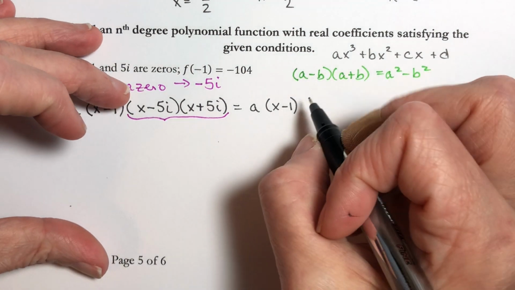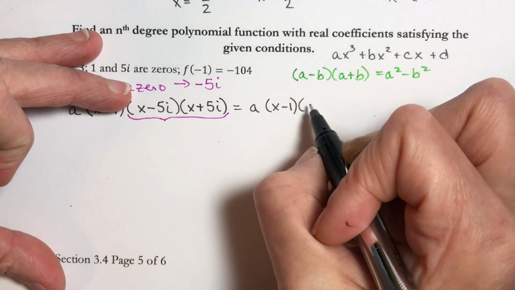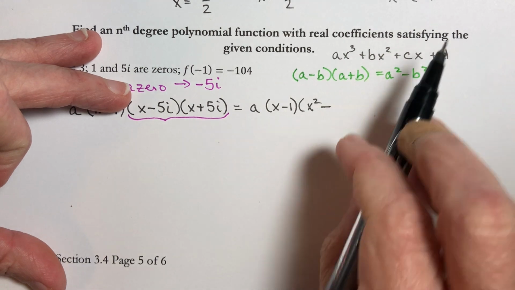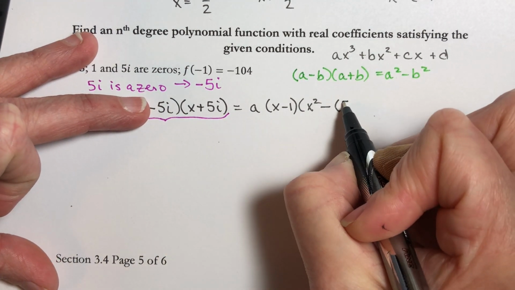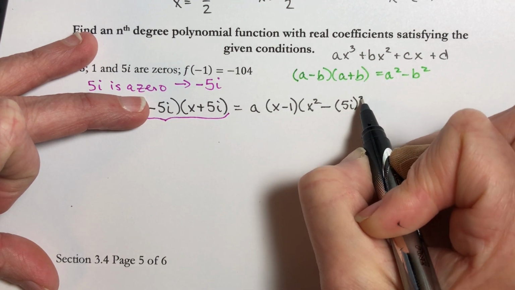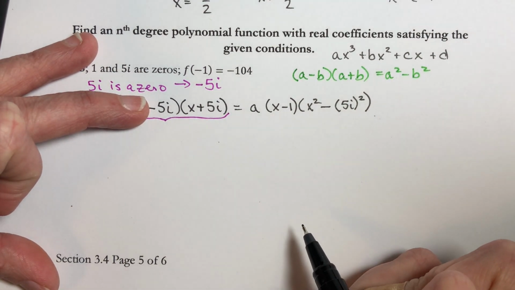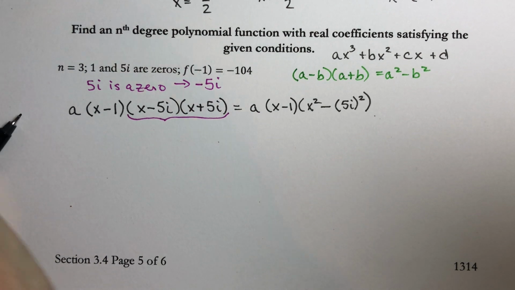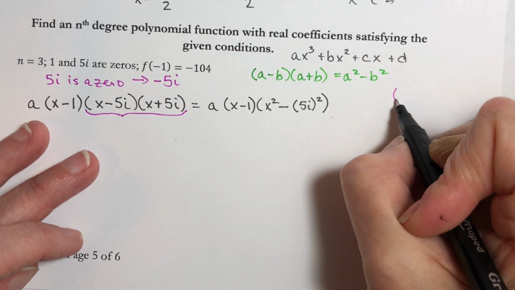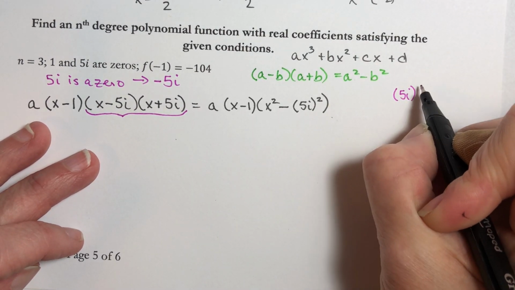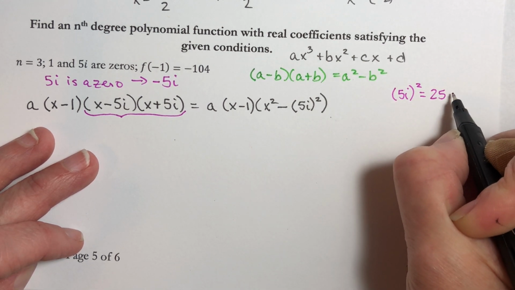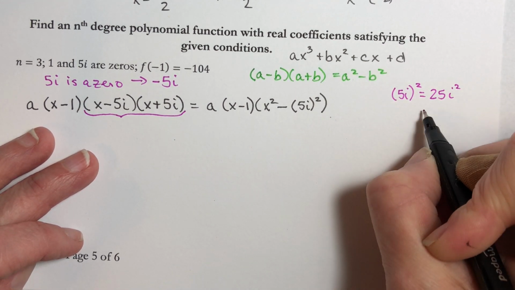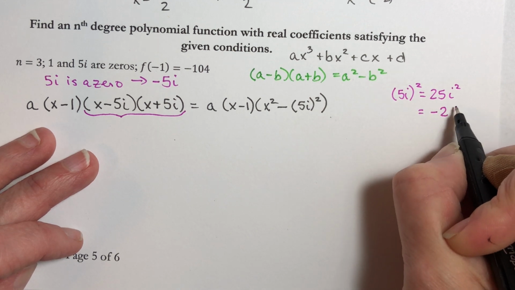So this would be x squared minus, because it's always a minus, 5i squared. Well, what is 5i squared? That would be 25 times i squared, and i squared is negative 1, so this is equal to negative 25.